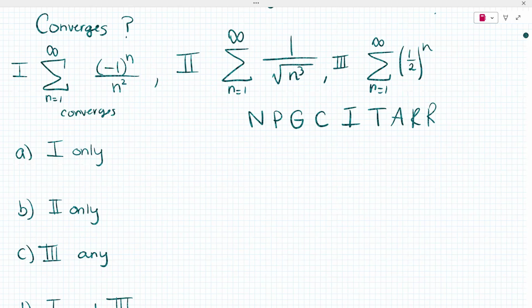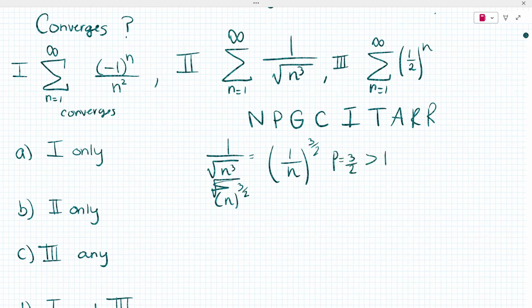Roman numeral 2 is in the form of a p series. 1 over the square root of n cubed is the same thing as 1 over n raised to 3 halves. Because our p is 3/2, it's greater than 1, so we know that converges.